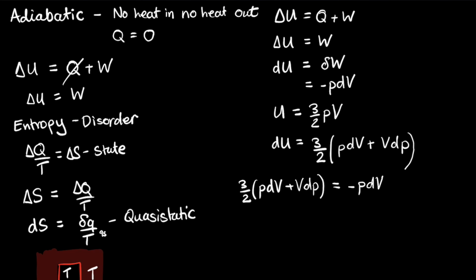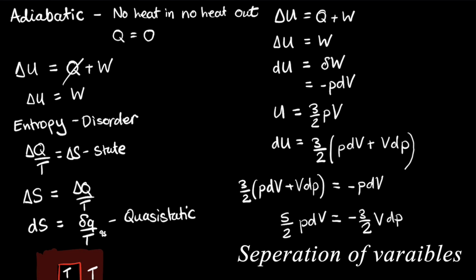If we rearrange this formula, we get that 5/2 P dV is equal to minus 3/2 V dP. So what can we do with this? We can use a well-known way of solving differential equations called separation of variables.